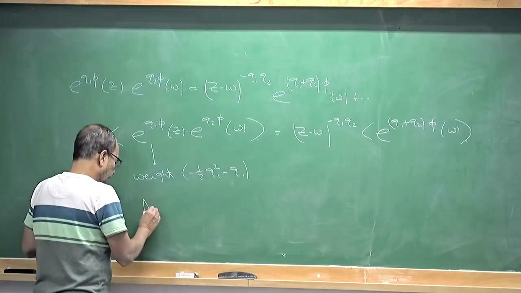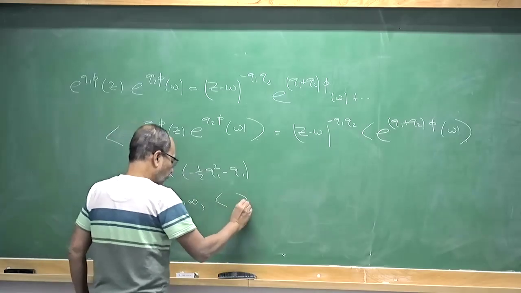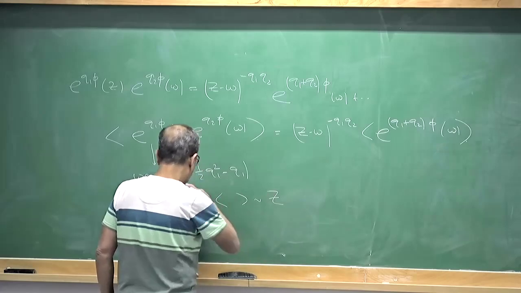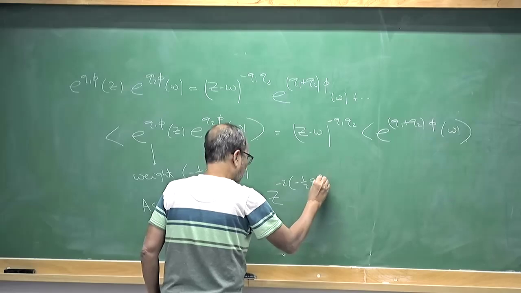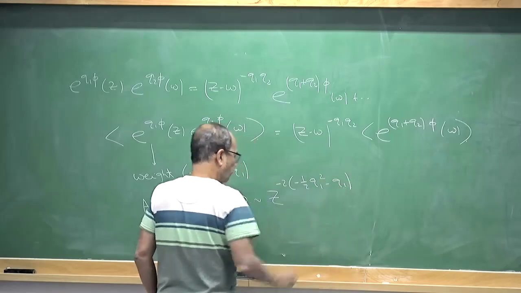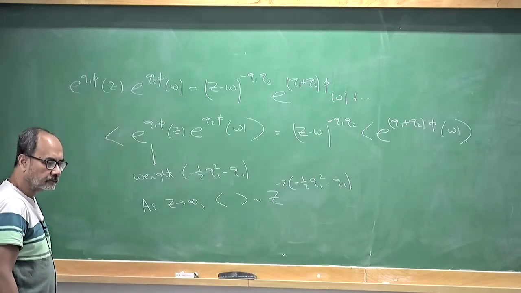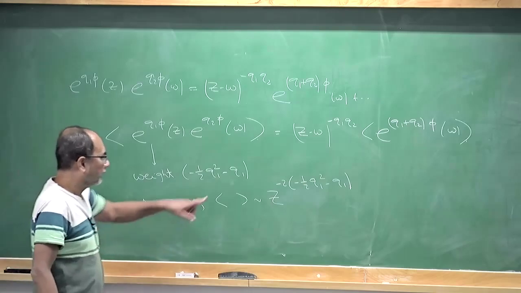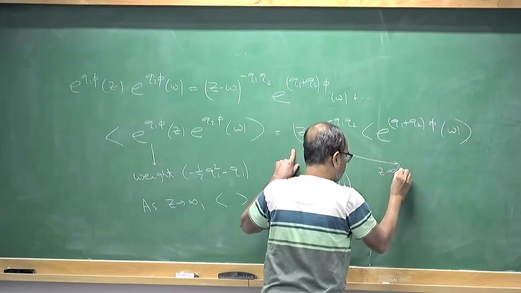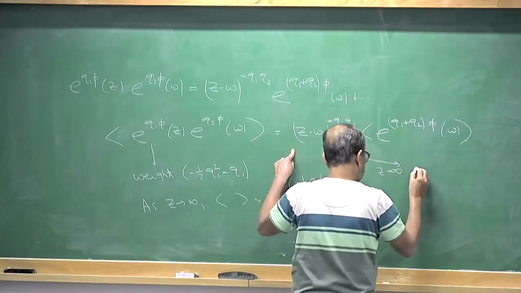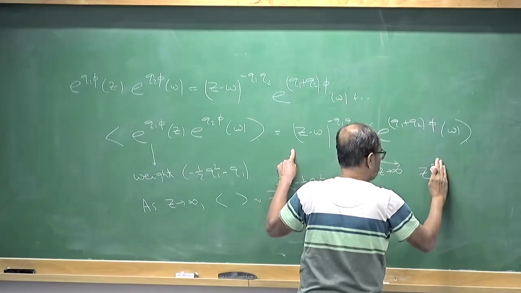So as z goes to infinity, this should go as z to the power minus twice this, right? Minus 2 times minus half q1 squared minus q1. On the other hand, this form, as z goes to infinity, goes as z to the power minus, sorry, minus q1 q2.